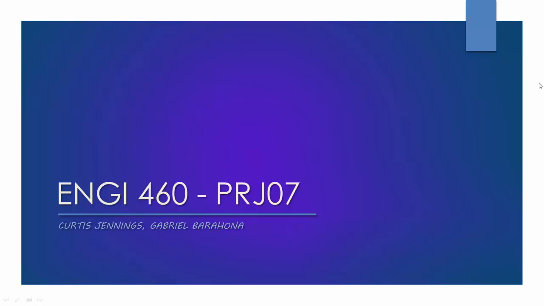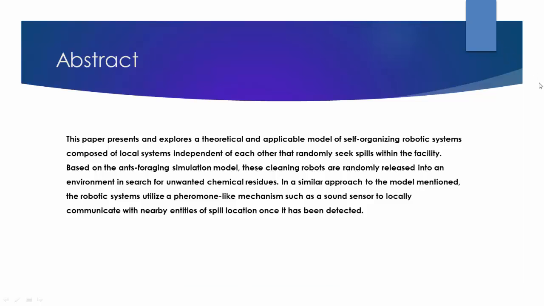First of all, we're going to do a brief overview of the abstract. The paper and model present a theoretical and applicable model of self-organizing robotic systems composed of local systems which are independent of each other and randomly seek spills within a manufacturing facility.